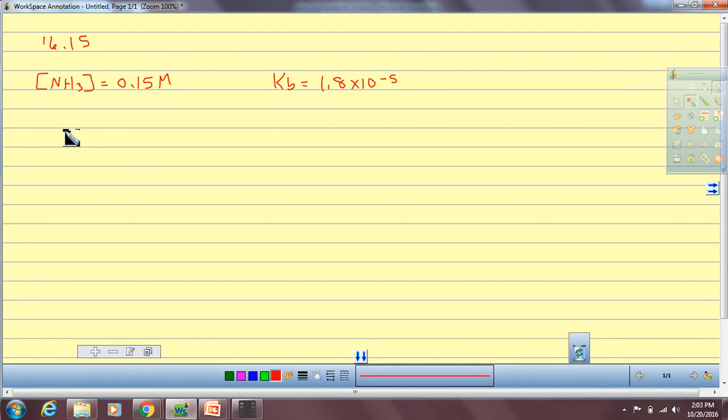Our reaction is that ammonia, when placed in water, becomes ammonium ion and hydroxide ion.